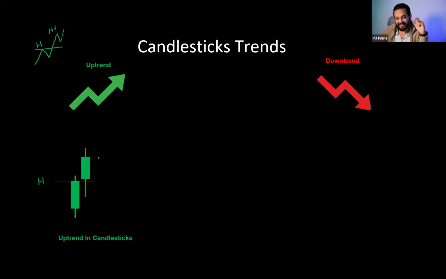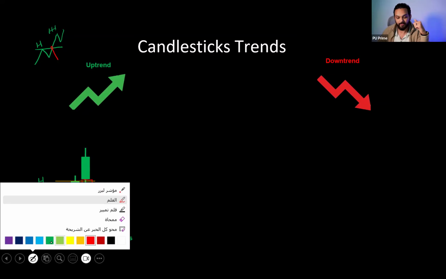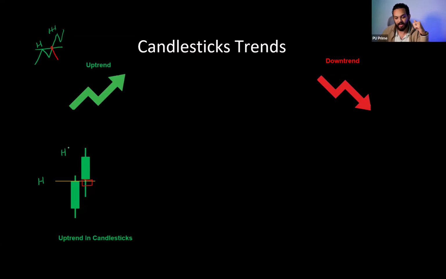So the next candle should respect the high of this candle, because if the candle started to move down, this high is not broken, which represents a downtrend. Now the second candle can make another higher high.